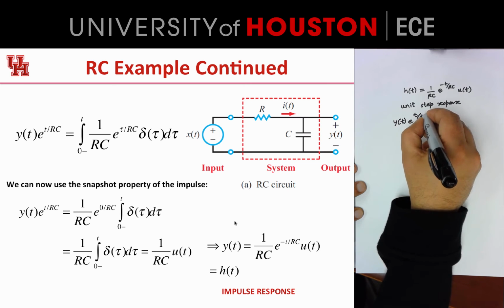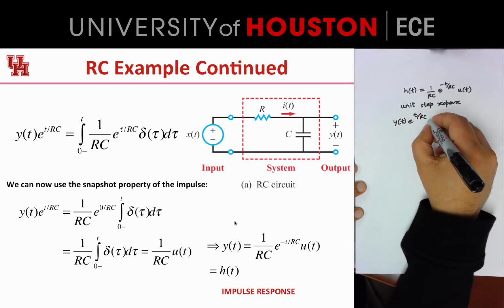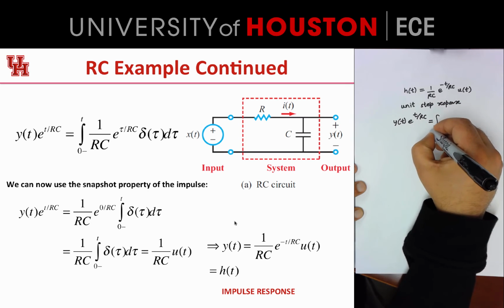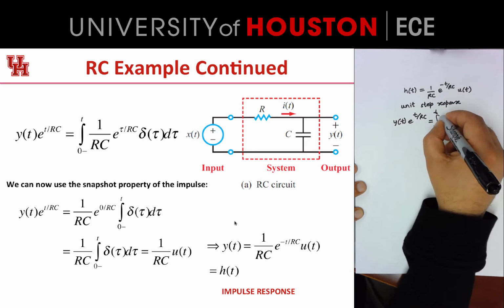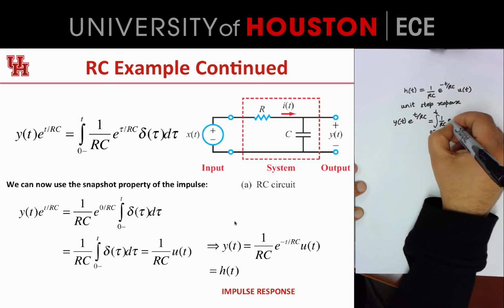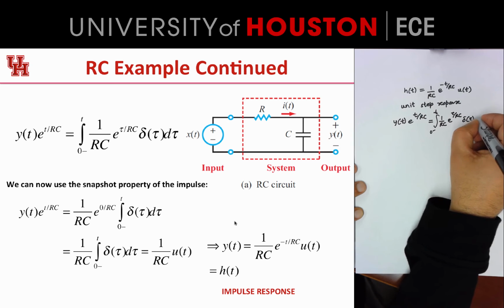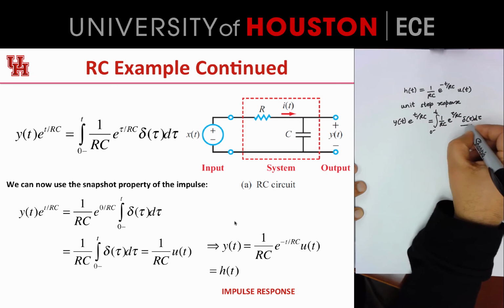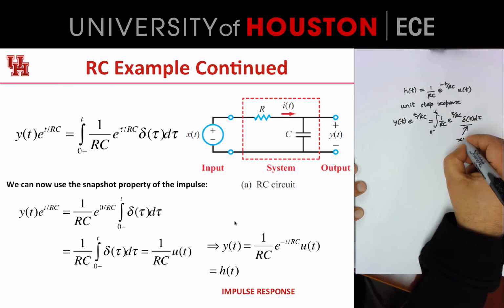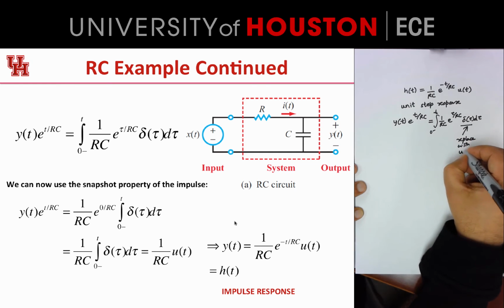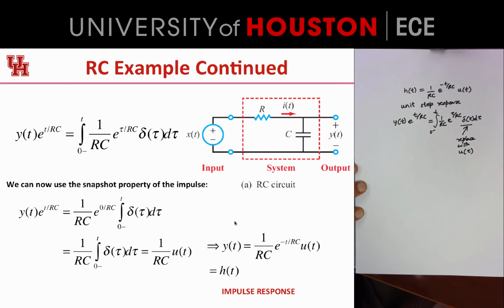This is the equation on the top left, which is the integral from 0 minus to t of 1 over RC e to the tau over RC delta of tau d tau, except we're going to replace this with a unit step.